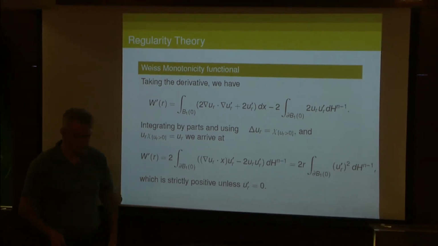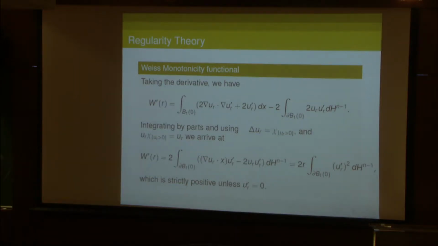Okay, I'm writing it too compact here, so let me write it for you here. So what you have is equal to, on the boundary of B1, x times gradient of u_r times u_r prime.